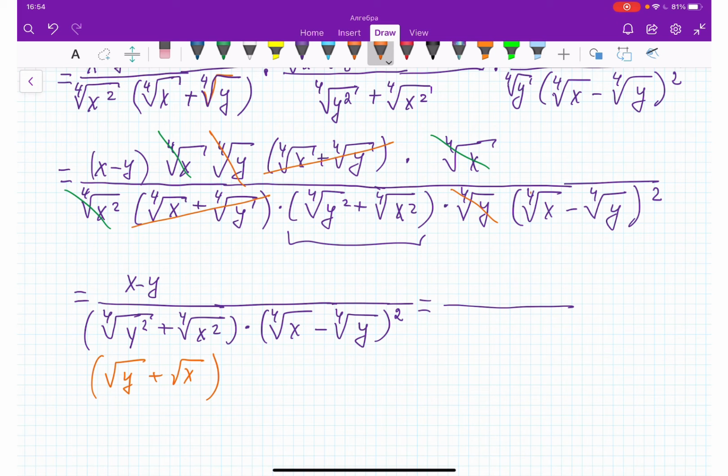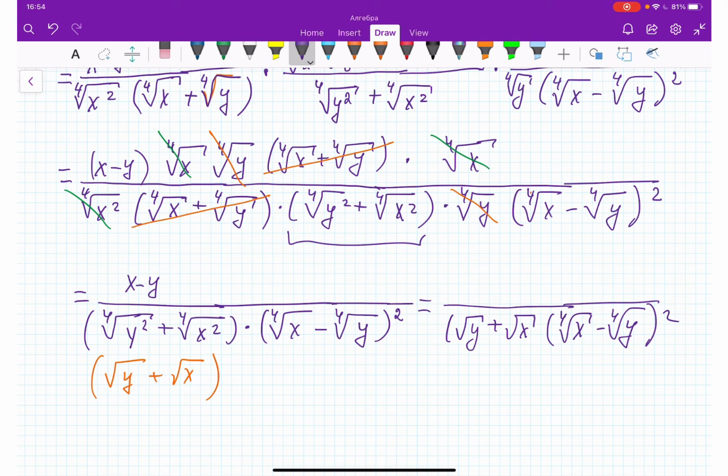So now it's time to change it. So I'm going to write down, this is going to be square root of x, y plus square root of x. Here we have degree 4 of x minus radical degree 4 of y, squared.